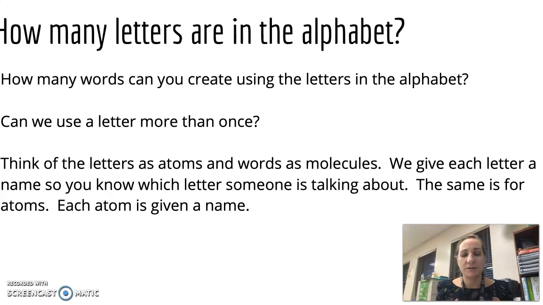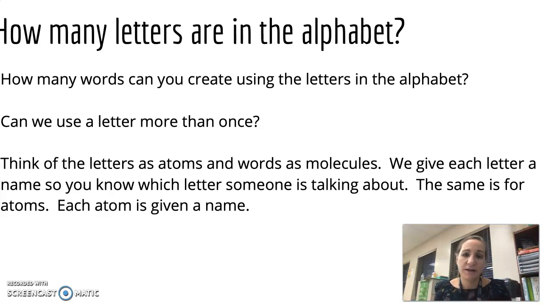Same thing with atoms. So think of atoms as the alphabet. And when we learn our alphabet, we give each letter a name, so we know which letter it is that we're referring to. The letters, we give them a name A, B, C. Atoms, we give them names, or they're elements: hydrogen, oxygen, helium.